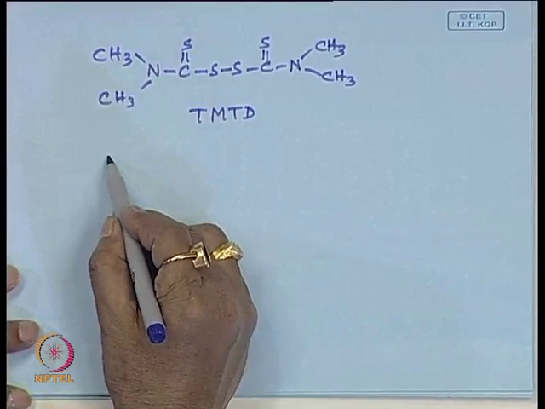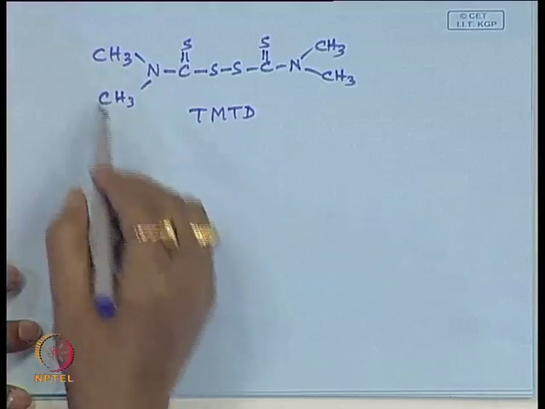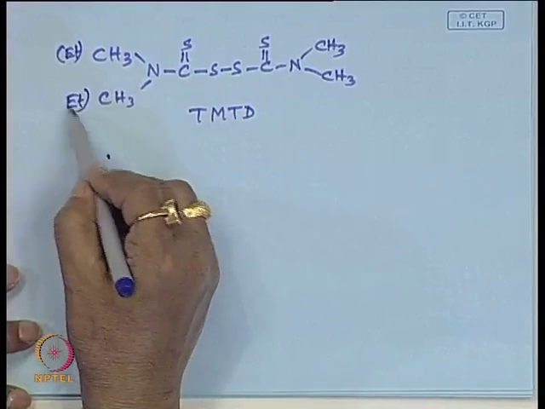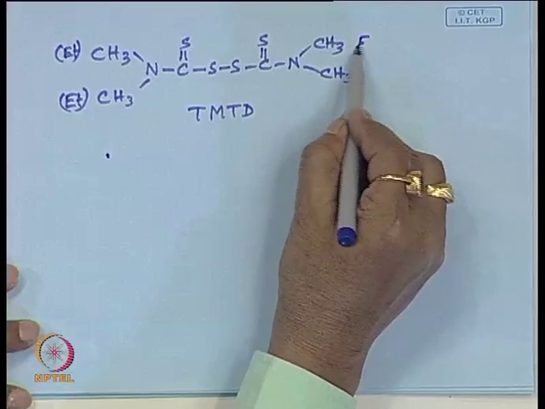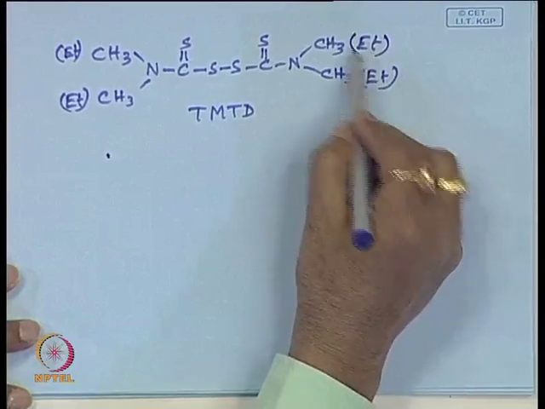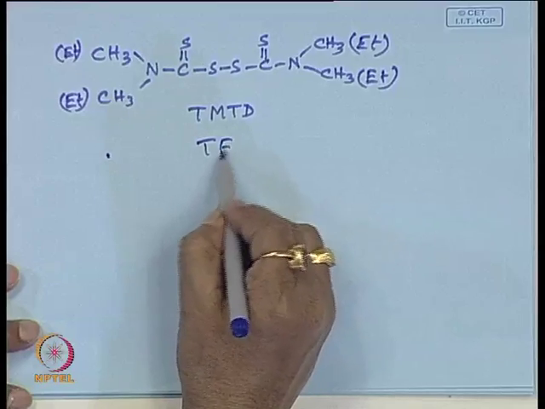Another is tetraethyl, where in place of the methyl group you write ethyl, and it will be TETD.